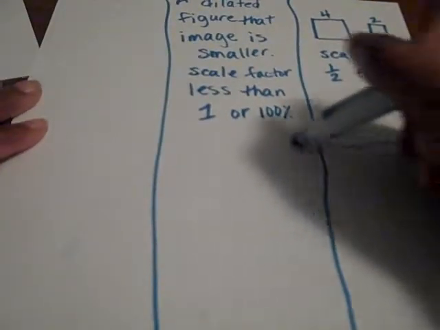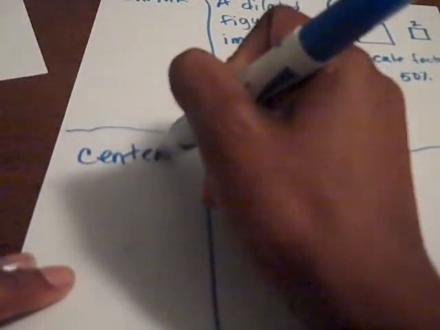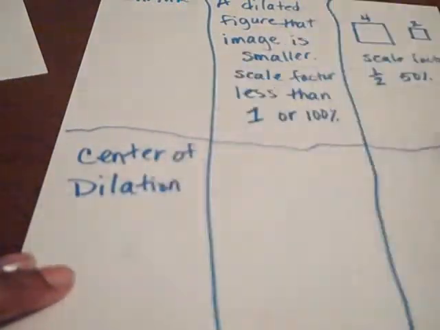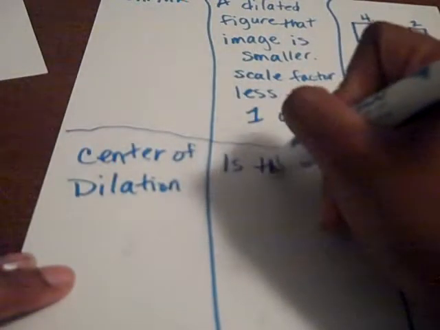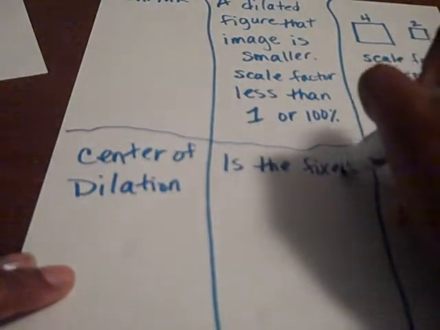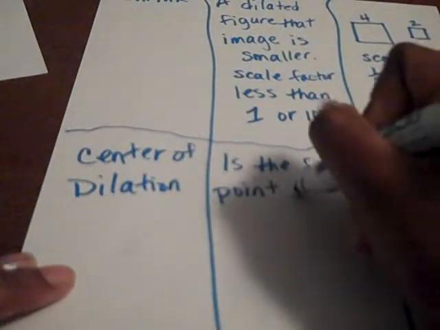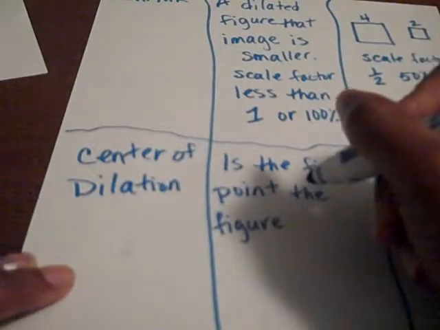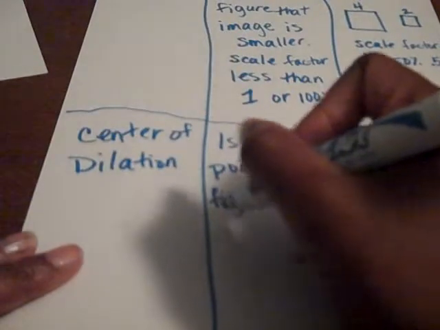And our last term for today is going to be center of dilation. The center of dilation is the fixed point the figure will expand from or contract from.